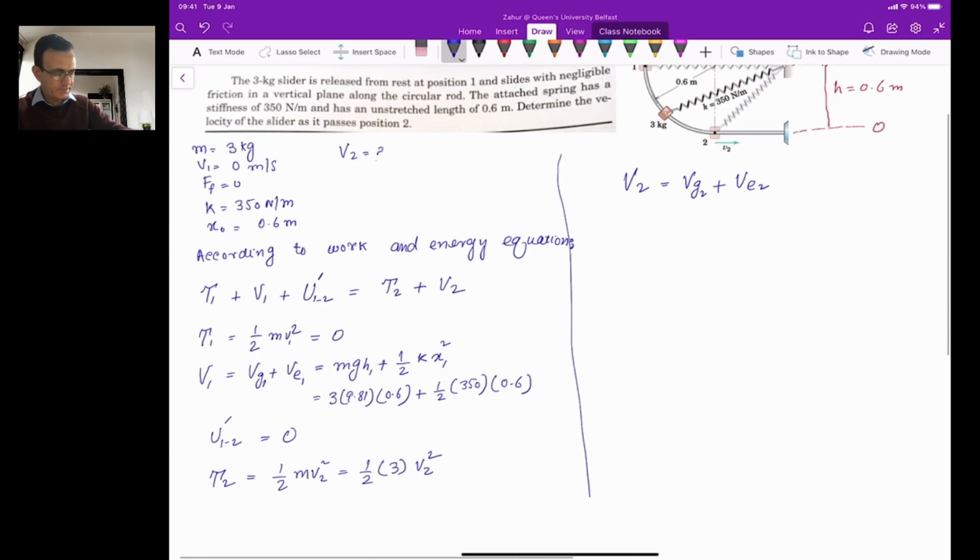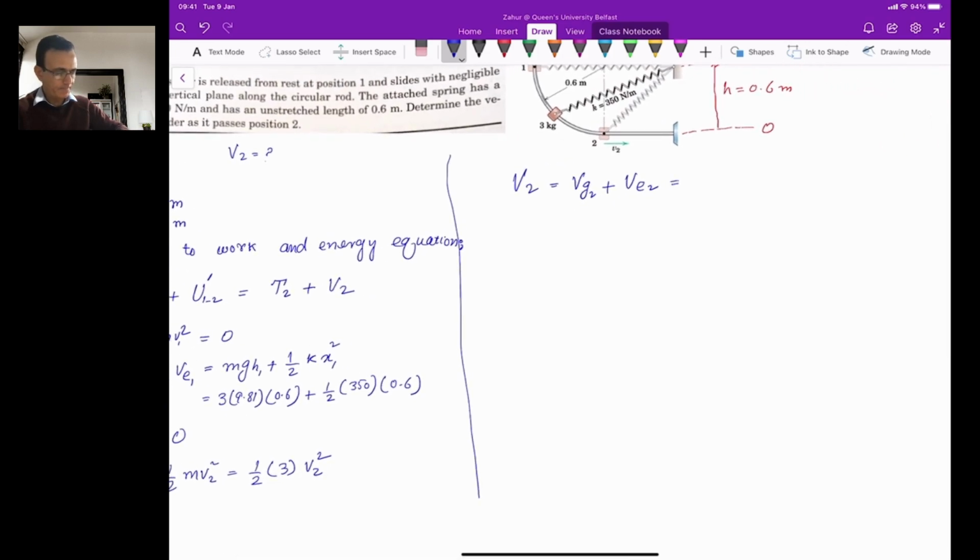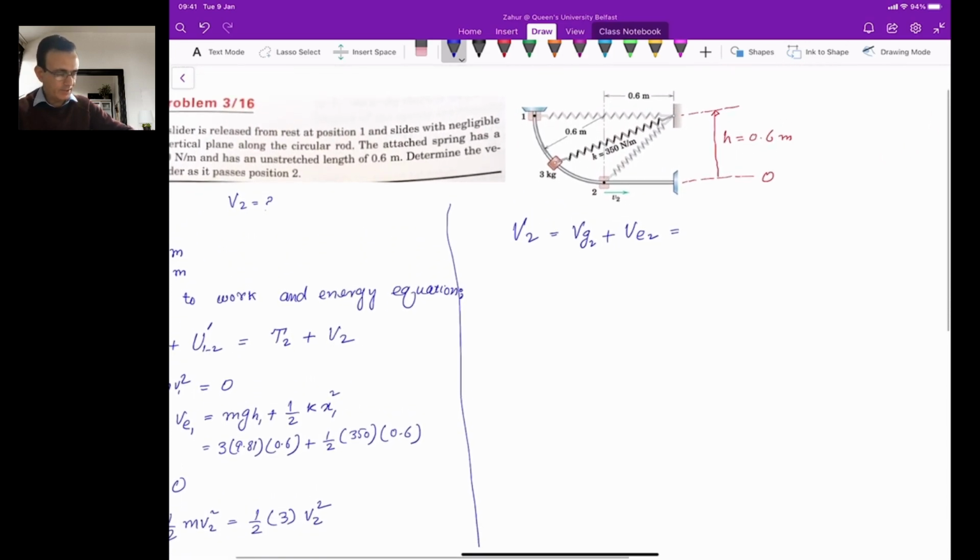As you can see in this case, at this location here at position 2, we know that the height is 0, so this potential energy will be equal to 0, and then we need to calculate the elastic potential energy, which is half k x2 square.